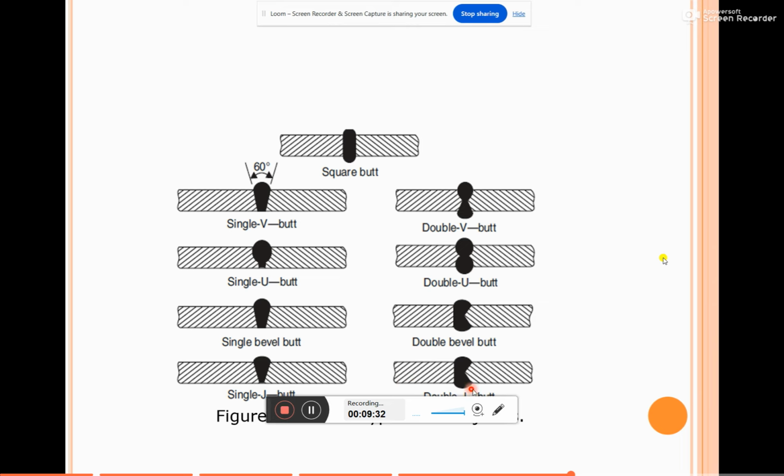In the double J butt joint, both the workpieces are machined into a J shape. Then such a type of joint is known as the double J butt joint. So that's about the different types of butt joints.